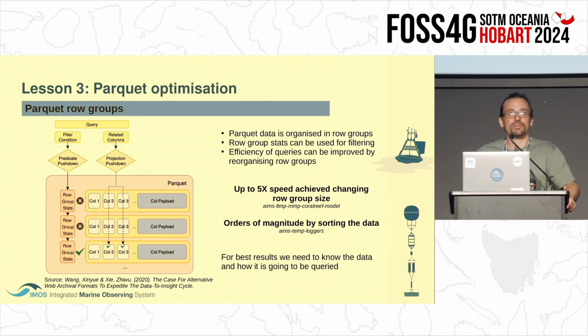Now, getting into more specific stuff, the Parquet format. Maybe some of you are not very familiar with it, but Parquet is a tabular format that's column-oriented. So if you imagine a normal table, you have the first row, second row, third row. Here we're storing first the first column for all the rows, then the second column, and so on.